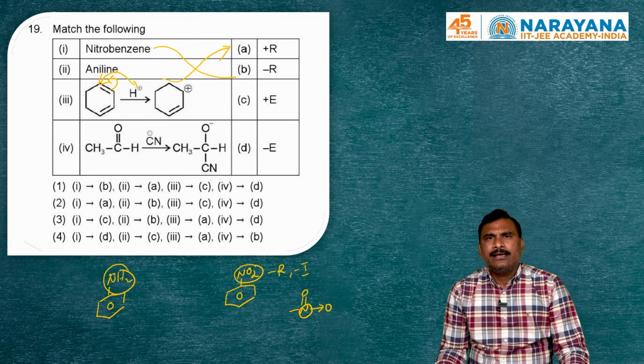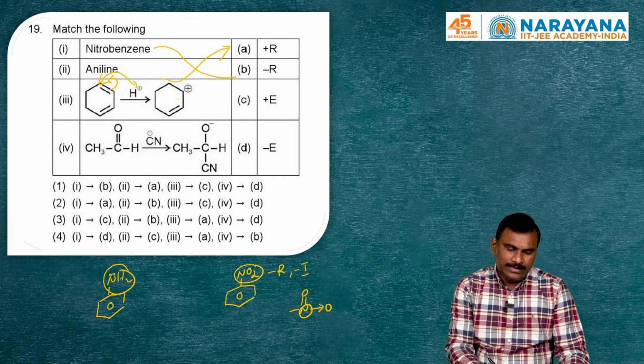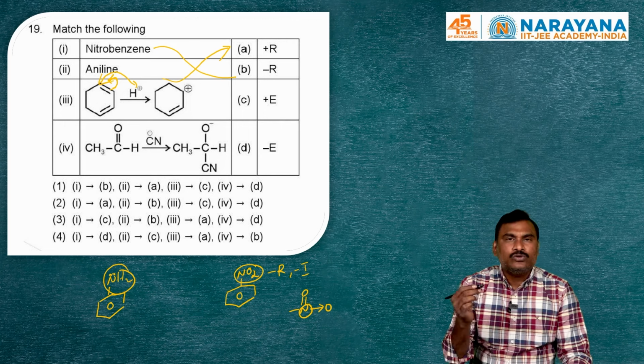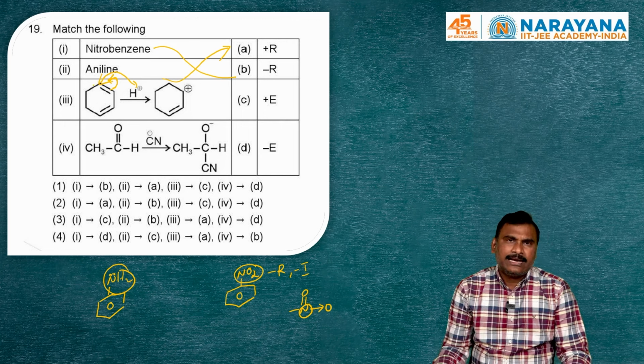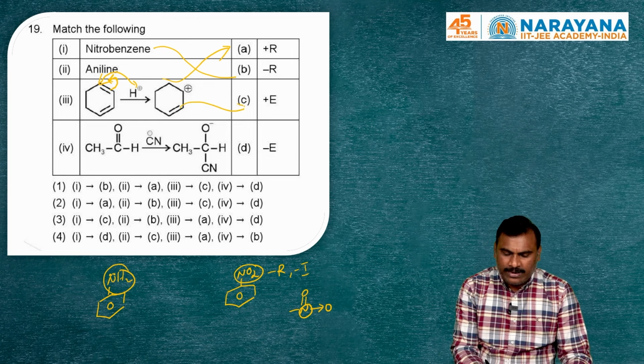This is called electromeric effect, because it is a temporary effect, occurring only at the time of the attacking agent. So here the pi electrons are moved to where the attacking reagent is attached, at the same place, and that is called plus electromeric effect.